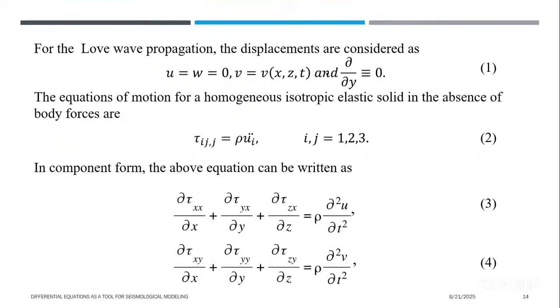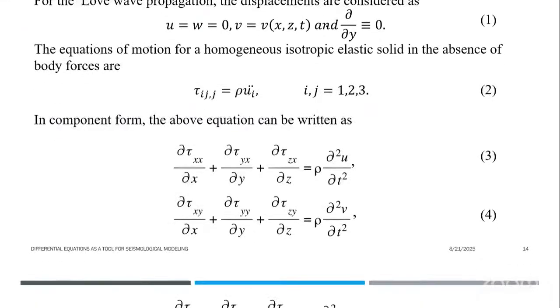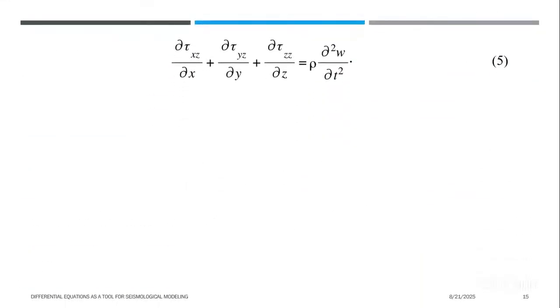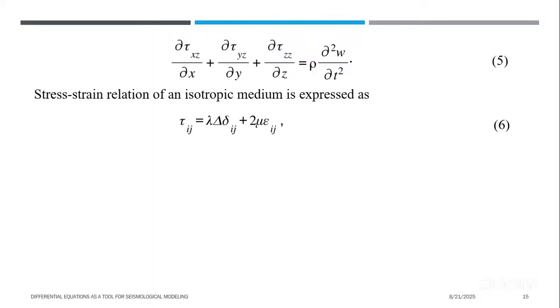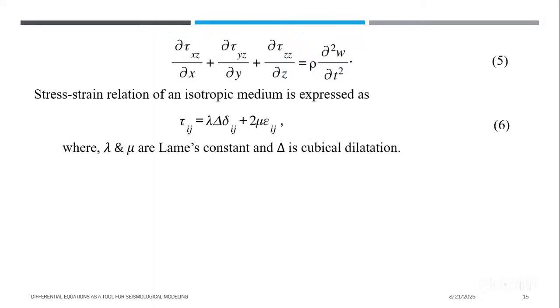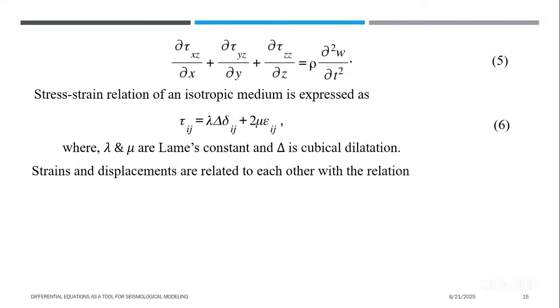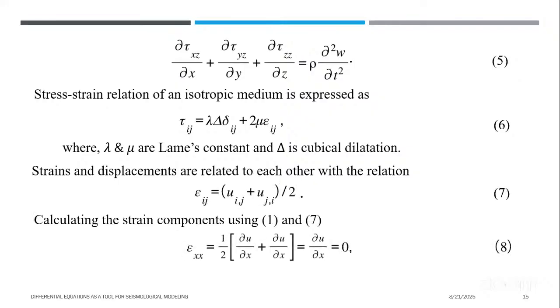Our main task is to frame those governing equations, for which we have the stress-strain relation, the constitutive equations. We have the strain-displacement relation, and let us find the different strains in terms of displacement.